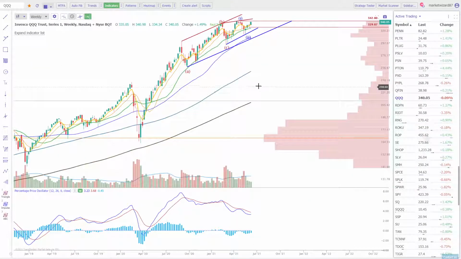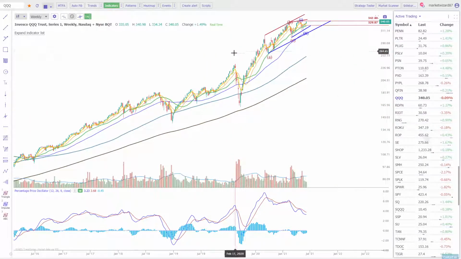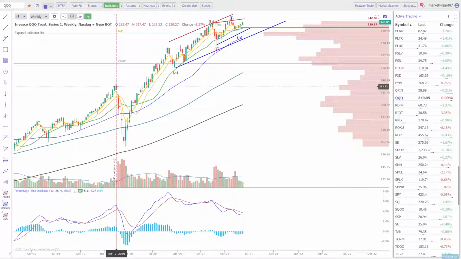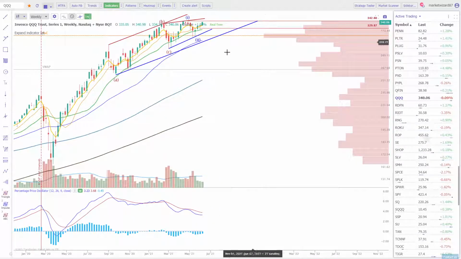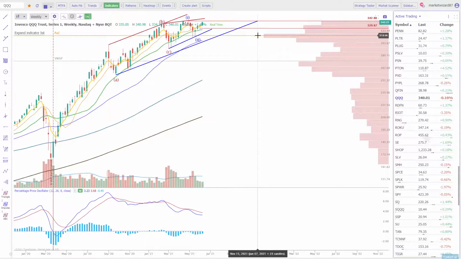And if we look at the weekly and we go back to 2000, sure. But what about if we go back to the 2020 high or the 2020 low? Well, it turns out POC in value, which is where the market makers like to buy and sell, is at 318 and price is at 338.